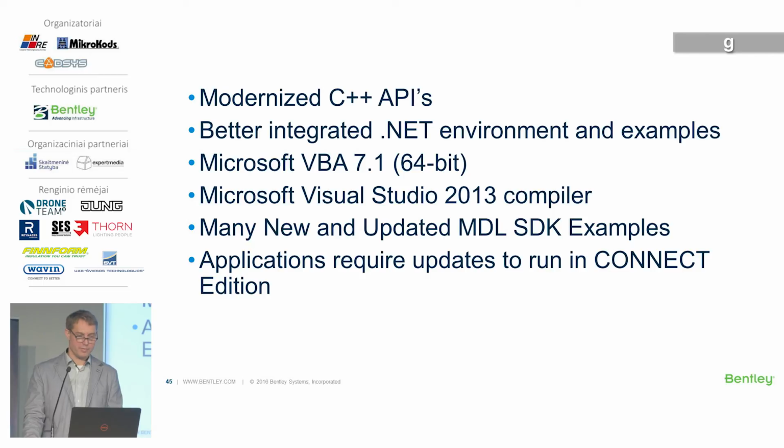From the programmers' or developers' point of view, there is good news as well. Connect edition comes with a new modern API, enabling C++ and better integration to the .NET environment, and a lot of examples. Supported are Visual Basic for Applications 7.1 and 64-bit.